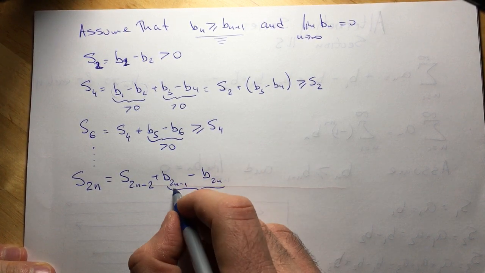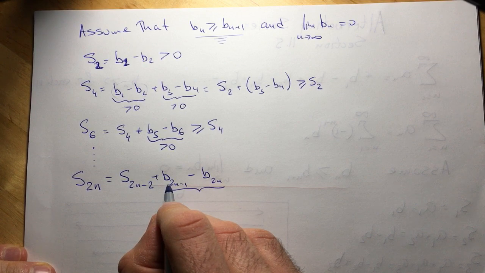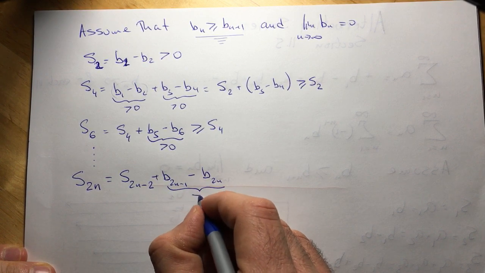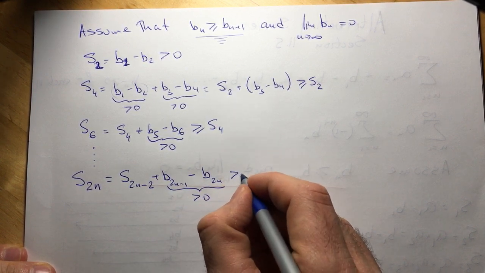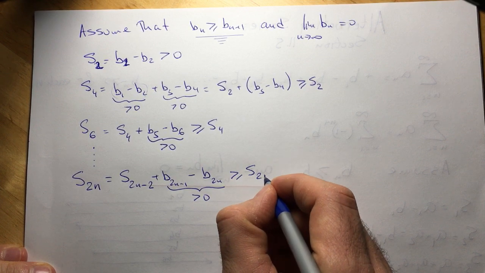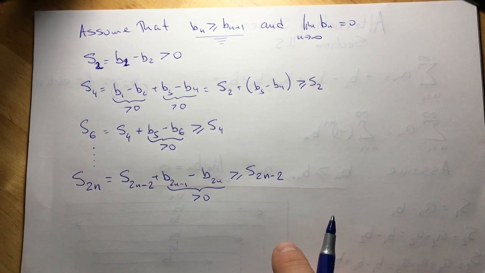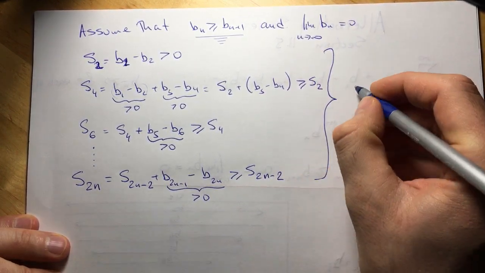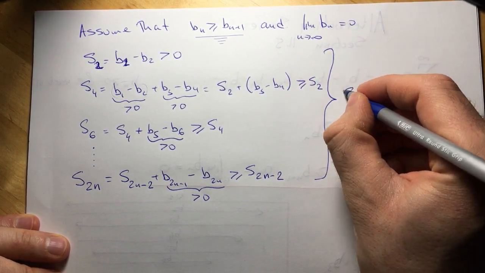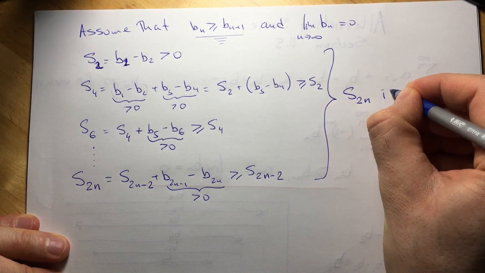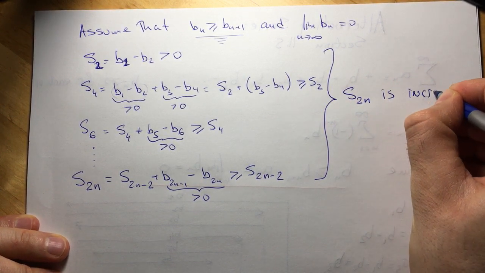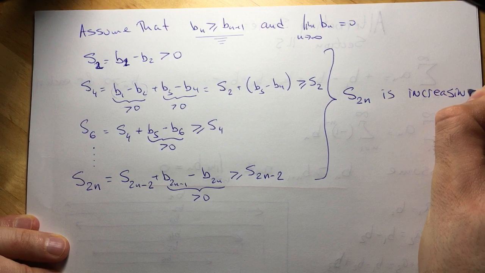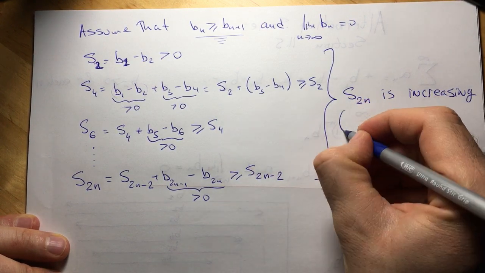B of 2n is the term after B of 2n minus 1, so that's positive. So this one is going to be greater or equal to S of 2n minus 2. So what do we have here? From here we can see that the subsequence S of 2n is increasing, right, or simply monotonic.